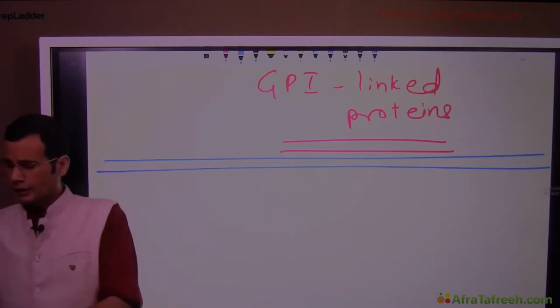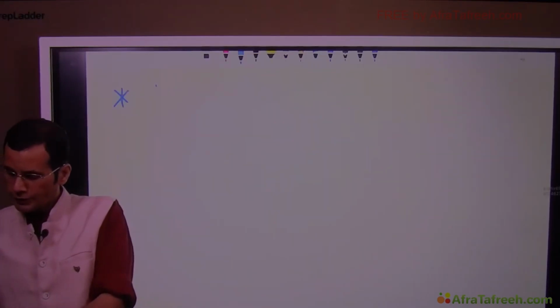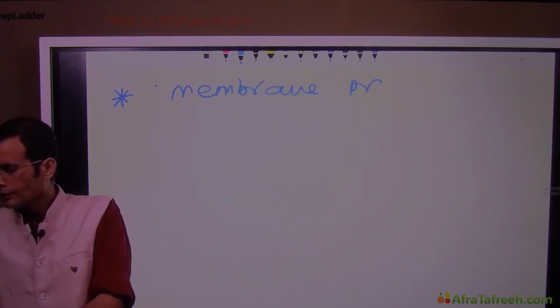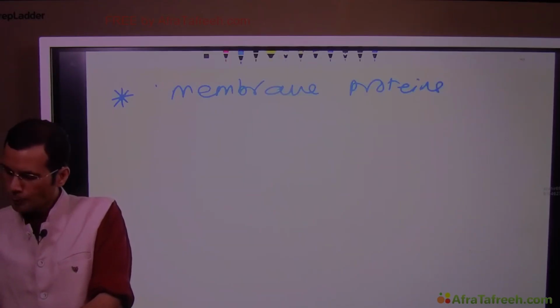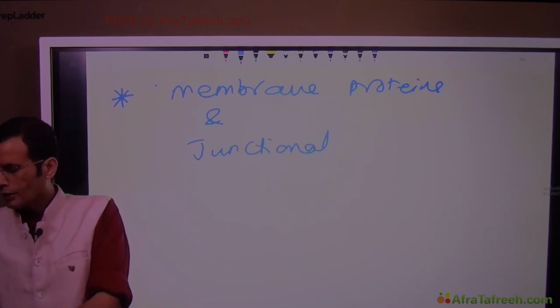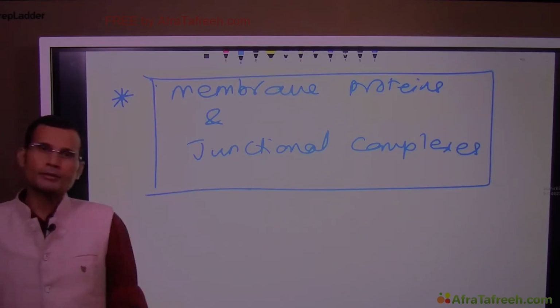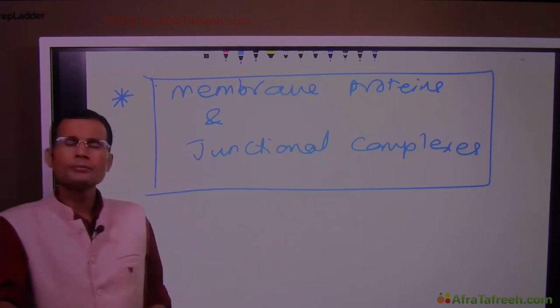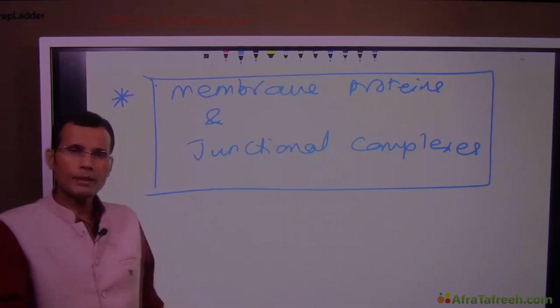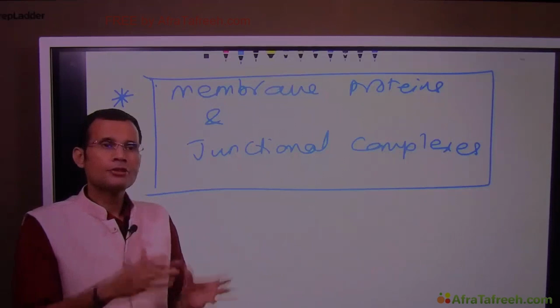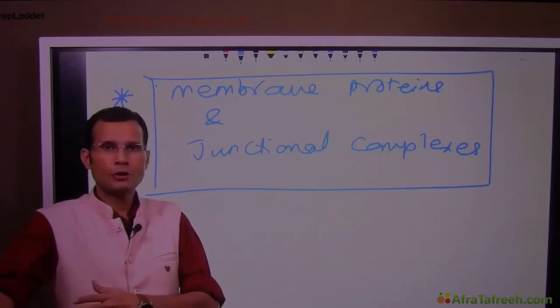Next part is membrane proteins and junctional complexes formed by the membrane proteins. You know, there are cell-to-cell junctional complexes. This is taught in anatomy, this is taught in dermatology. So I'm only taking the relevant part which we will require in later physiology discussion.